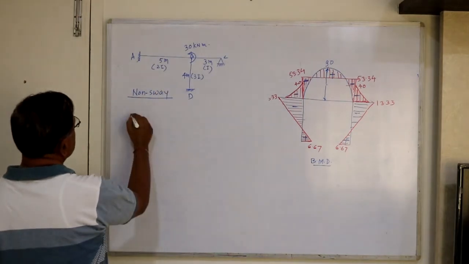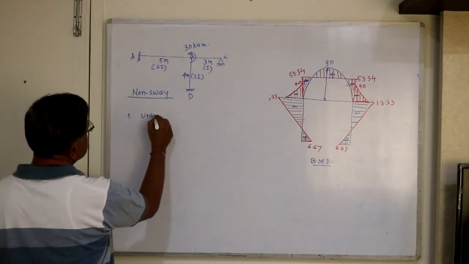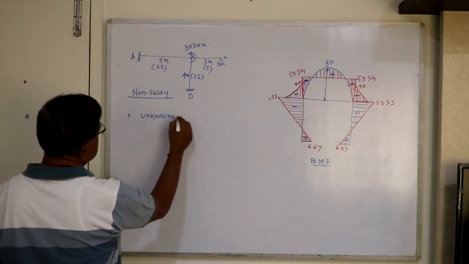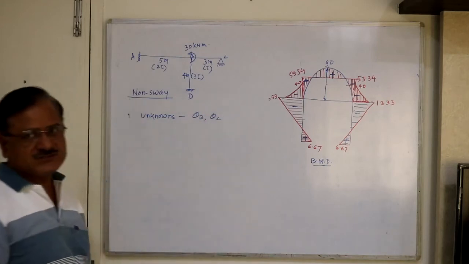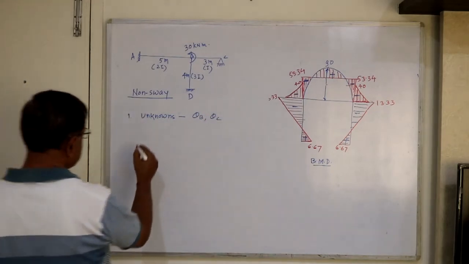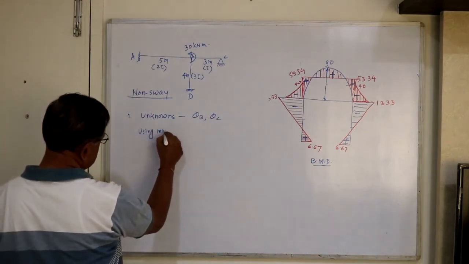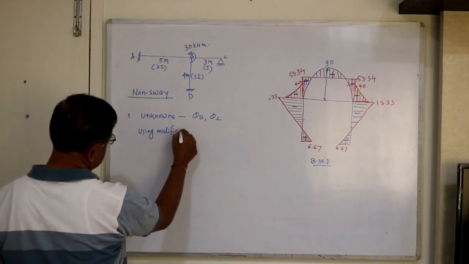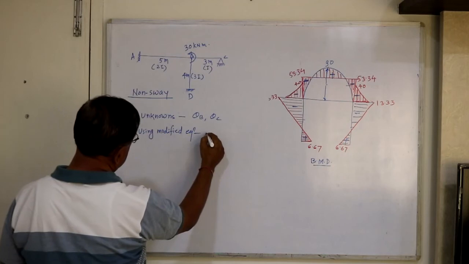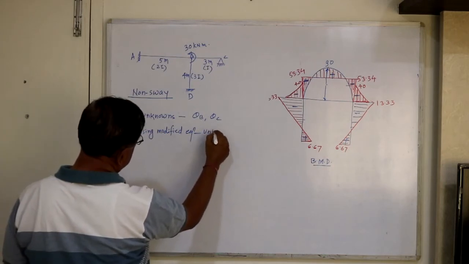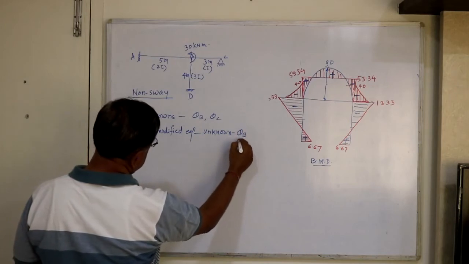So again, the first step is to locate unknowns. The unknowns here are theta B and theta C. Now using the modified slope deflection equation, the unknown will be only one: theta B is the only unknown.